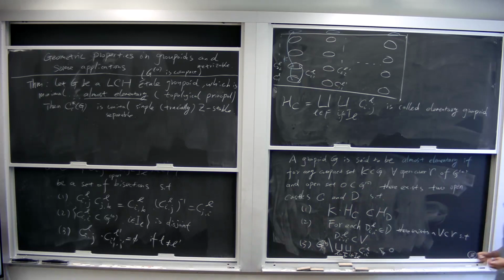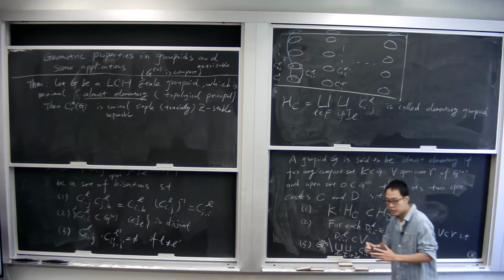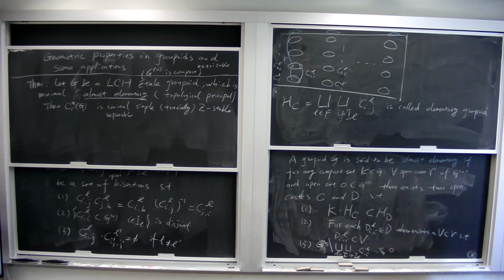Exactly. You eliminate one point from the sphere, and then you consider the partial dynamical system induced by this dynamical system with that one point eliminated. That partial dynamical system gives you the groupoid model of Z, and recently we verified that this groupoid satisfies almost elementariness.